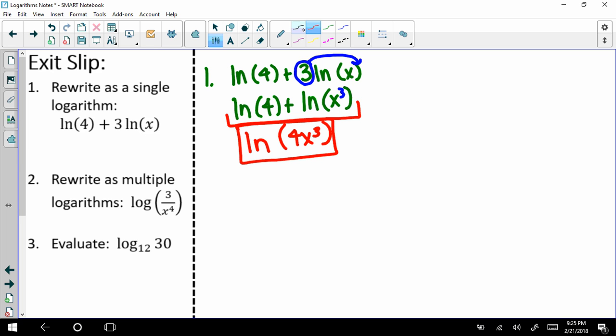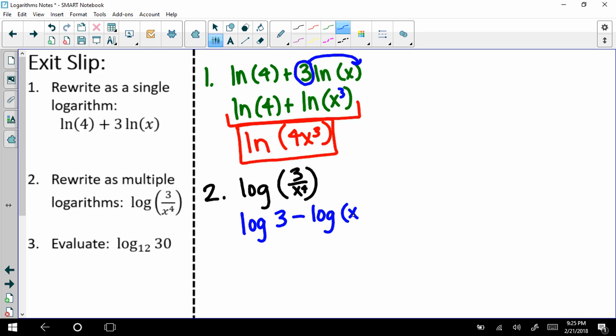Okay, number 2. Now we want to write this into multiple logs. So we have 3x divided by x to the fourth. To break this up, when you have division, you'll do log of the top number minus log of the bottom number, x to the fourth. Whatever's on the bottom has a minus sign in front of it.